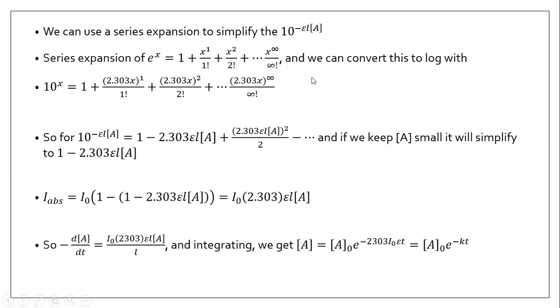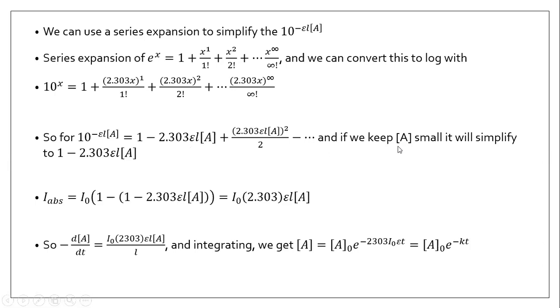Convert this to base 10: 10 to the x equals 1 plus 2.303 x to the first over 1 factorial, plus 2.303 x squared over 2 factorial, and so on. So 10 to the negative epsilon LA equals 1 minus 2.303 epsilon LA plus 2.303 epsilon LA squared over 2.